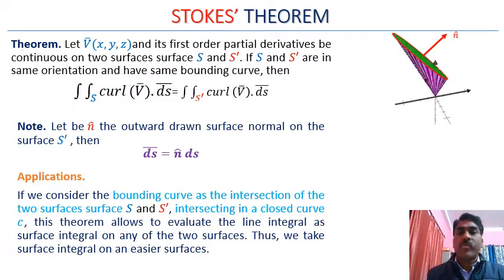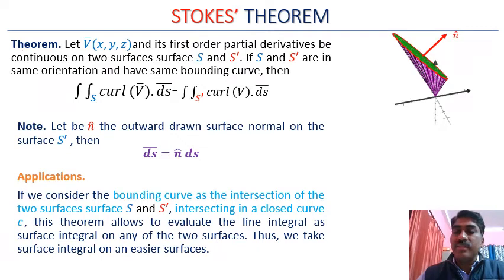So suppose on this cone, you have to evaluate a vector on the purple surface. This theorem says that you should mark the bounding curve, marked in red. The bounding curve in red color bounds both the surfaces, the purple and the green.